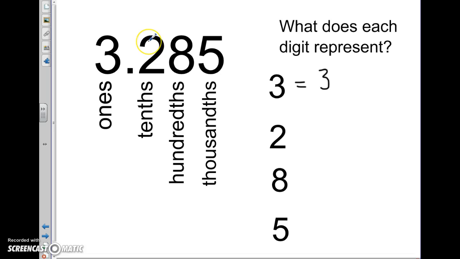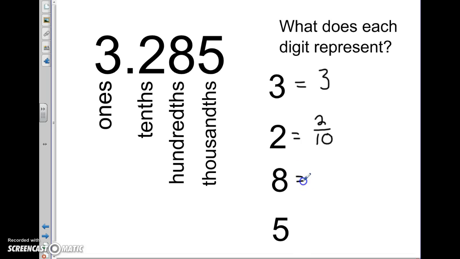Well, it depends what place value it is. It is immediately to the right of the decimal point, which means it's in the tenths. So I've got 2 tenths, and I'm going to write it as a fraction, since we're already really familiar with fractions. So 2/10 is what the 2 in that number is equal to.